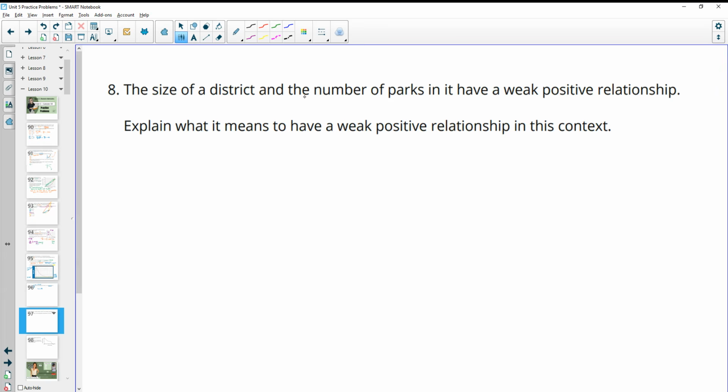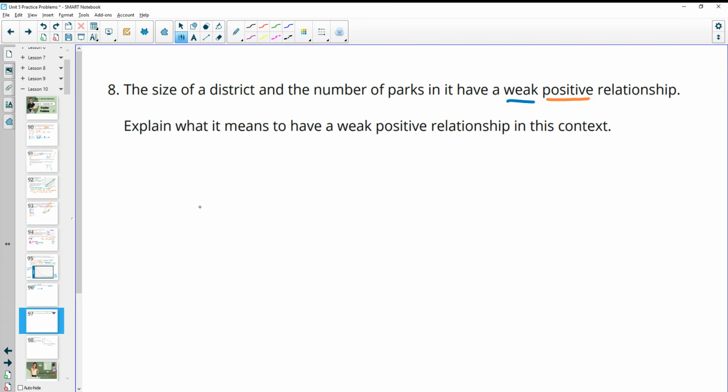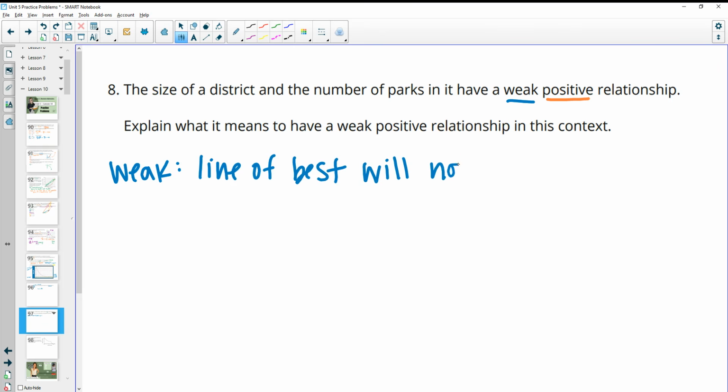Number 8, the size of a district and the number of parks in it have a weak positive relationship. Explain what it means to have a weak positive relationship. So having a weak relationship means that this is not going to model the data well. Okay, so if you have your line of best fit, when you create it using this data, the line of best fit will not model the data very well.